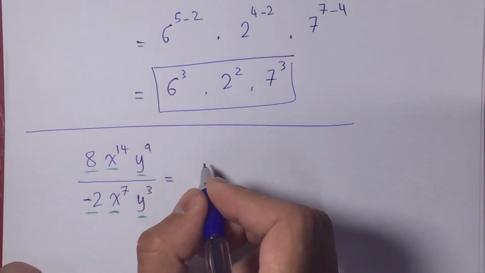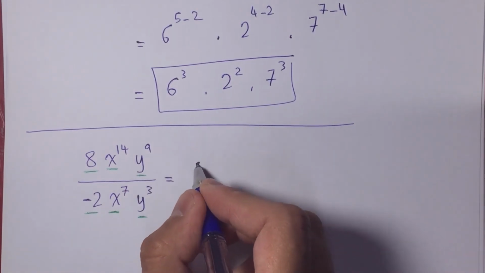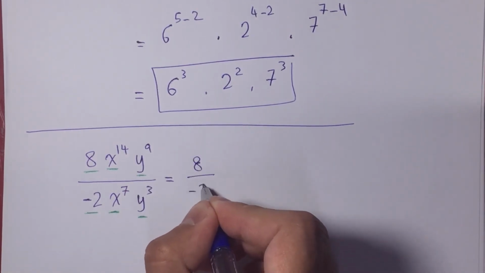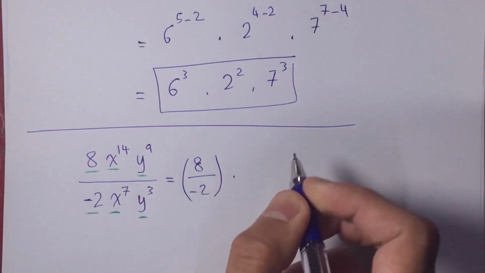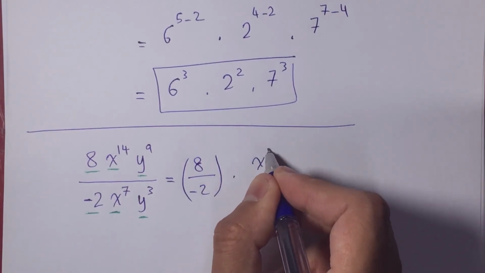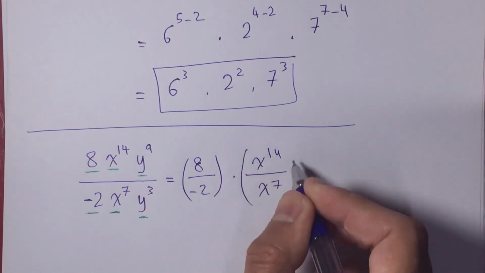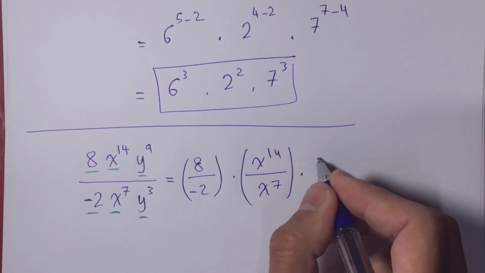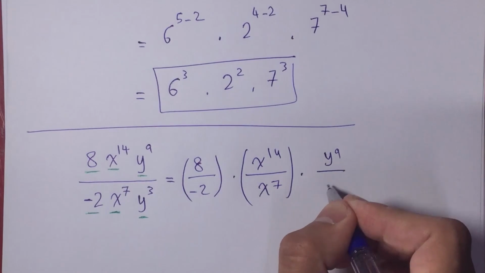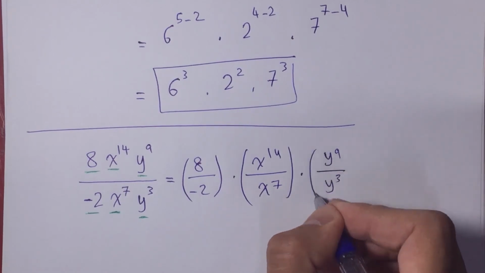So we can rewrite this fraction into the form 8 divided by negative 2, times x to the 14th divided by x to the 7th, times y to the 9th divided by y cubed.